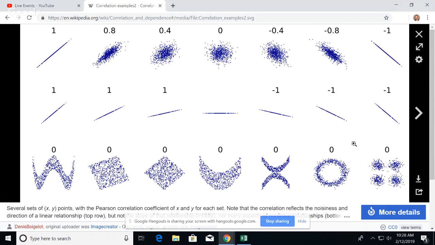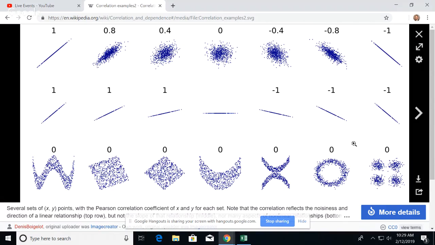Now, the thing that I want to point out here, we've got a thing called a correlation coefficient. Your correlation coefficient always assumes it's going to be a straight line. And the problem is, if you try to calculate your correlation coefficient without looking at the scatter plot, you can see this bottom row here. You can see that there's a pattern going on here, right? But it's not a straight line.